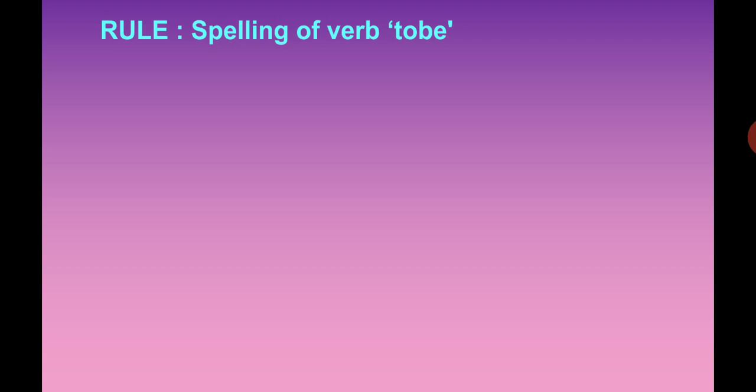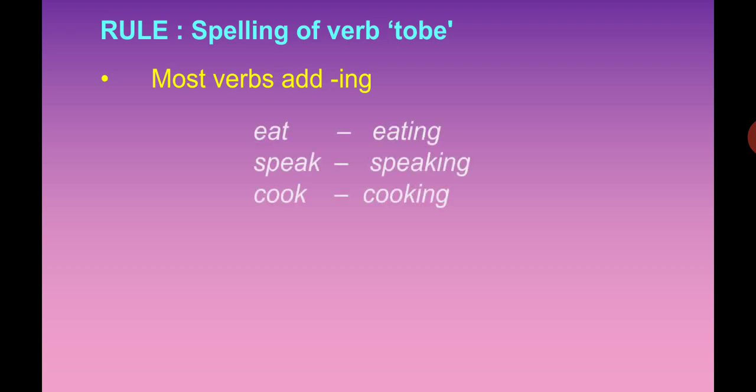Let's see. The first situation: for most verbs we add ing to make them present continuous forms. Let's see the examples. Eat, eating, speak, speaking, cook, cooking. With this type of verbs we add only ing to make them present continuous form.